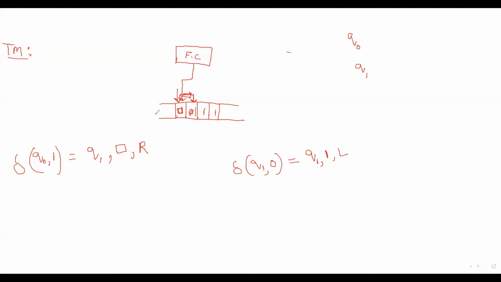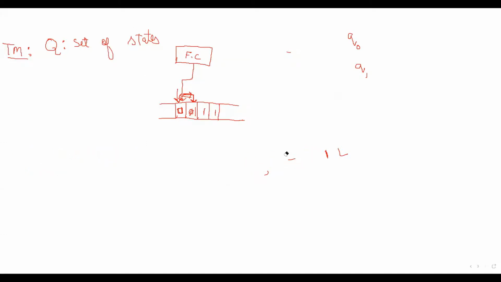Fine. So this is the input tape, and these are the transitions. So in a Turing machine, we have Q, the set of states. Fine. Okay, so let me rub some portion here. So we have the set of states.